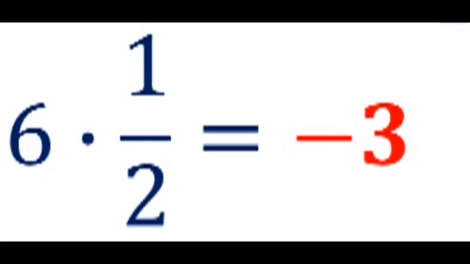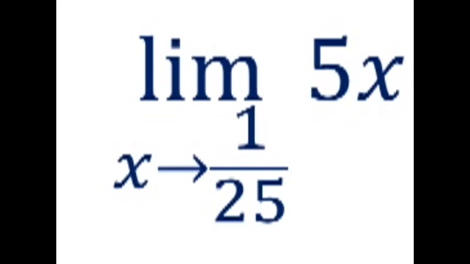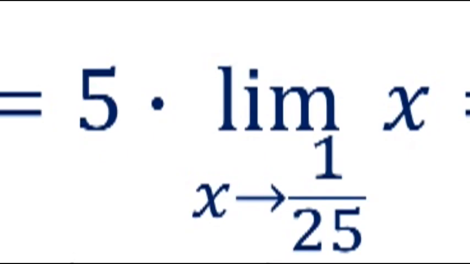And last sample for theorem number 3, limit of 5x as x approaches 1/25. So our constant here is 5, so you move the 5 to the front and then go back to theorem number 2. Simplify the limit of x as x approaches 1/25.